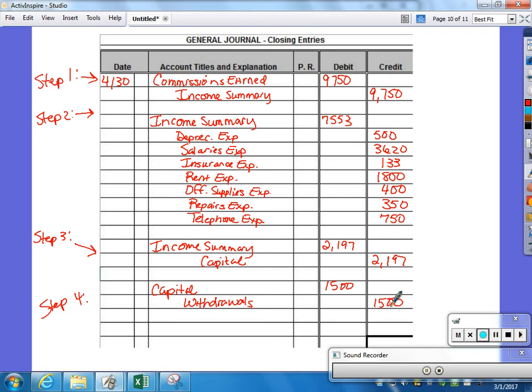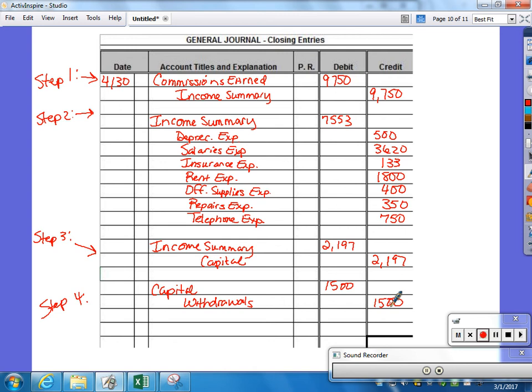Yes, ma'am. Is it important that we list the income summary before we list all the expenses? That has to come first, just like the commission line has to come first before the income summary. Why? Because in order to close an account, you have to do the opposite of its normal balance.